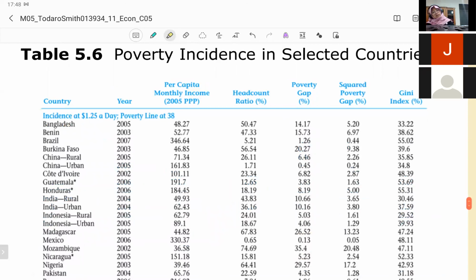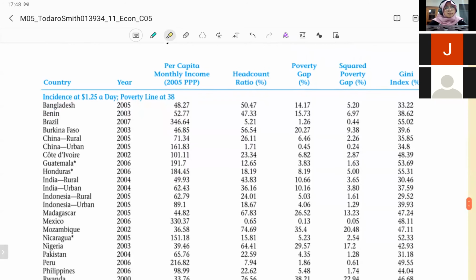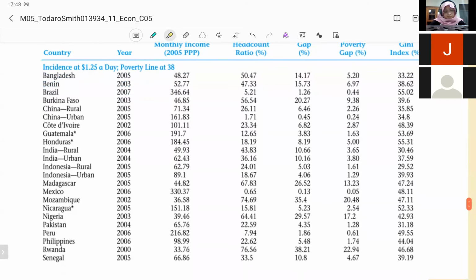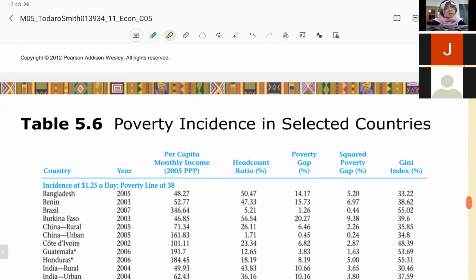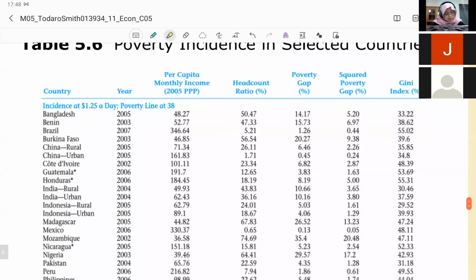This is poverty incidence. So this is the poverty incidence in some countries.